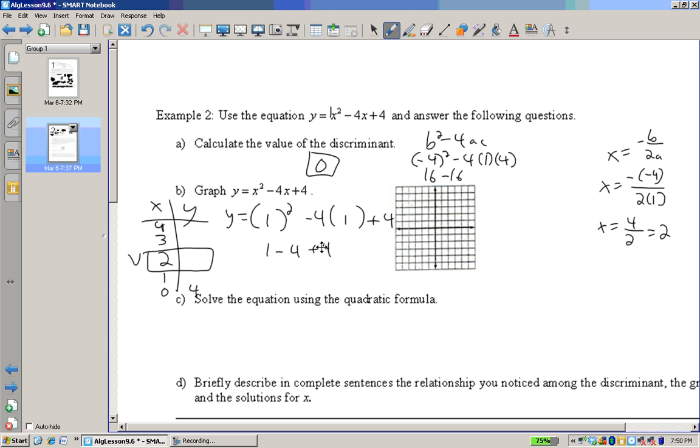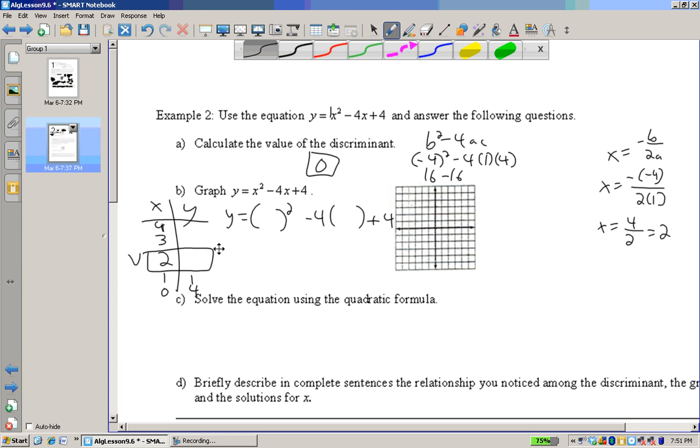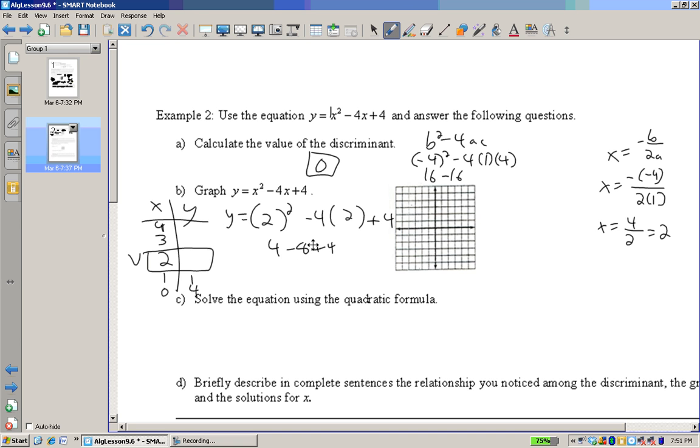Negative 4 plus 4 is 0, plus 1 is 1. Now let's try 2. 2 squared is 4 minus 8 plus 4. 4 plus 4, 8. Minus 8 is 0.